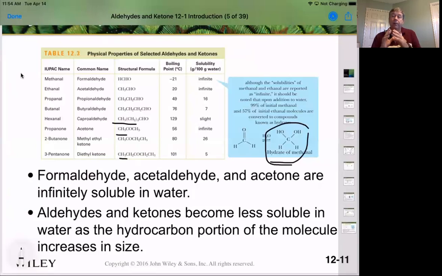So the carbonyl can only pull so many carbons into solution. After a while, the carbon chain just gets too long and it becomes almost insoluble. So for example, right here the hexanal is barely soluble in water, where the propanal was fairly soluble. So when we go from 2 carbons, which is completely soluble in water, to 6 carbons, it only barely goes in, if at all.